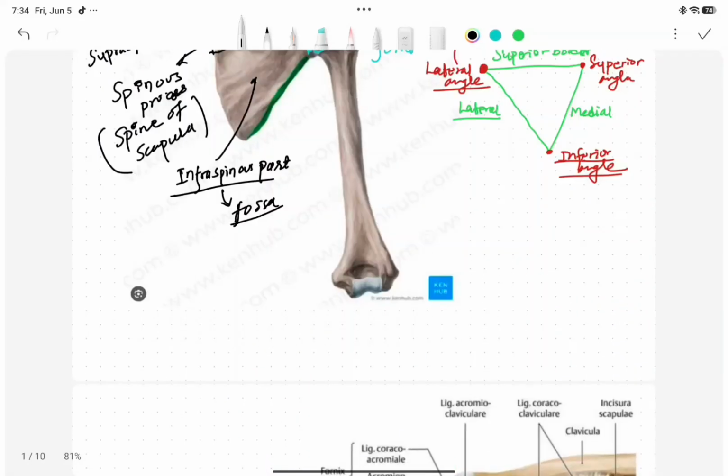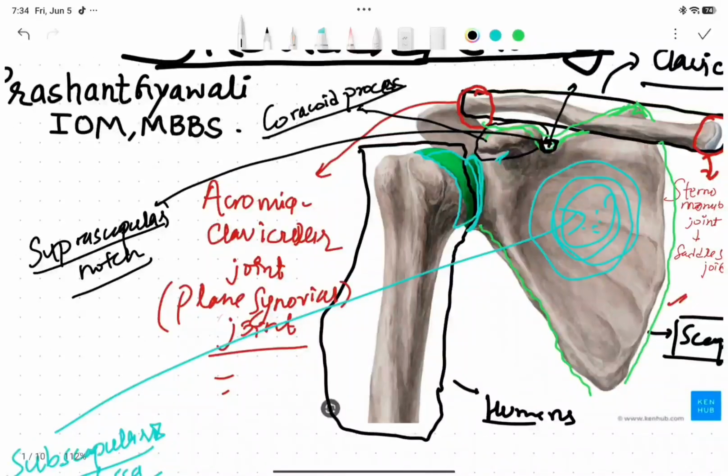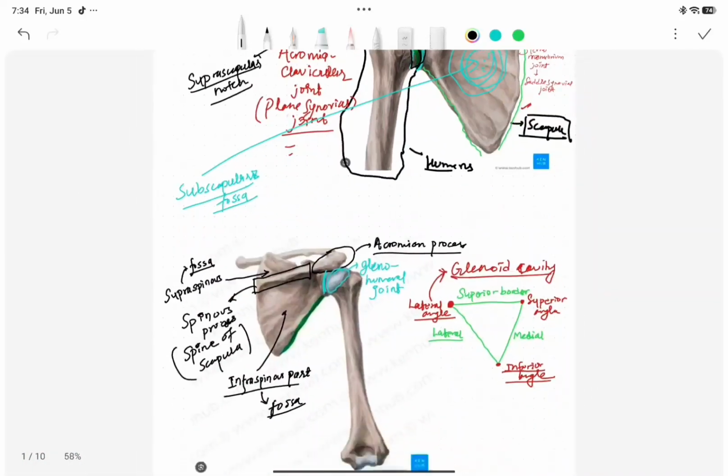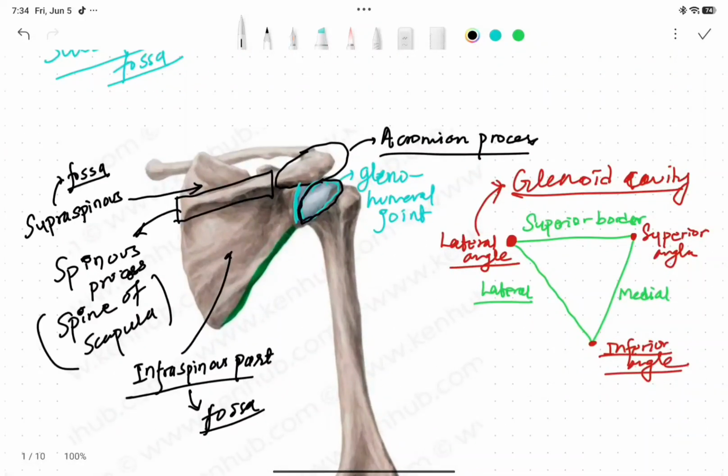Okay, so let's go to the basic anatomy of the humerus. There is the head of the humerus. This head is called the anatomical head because it articulates with the glenoid cavity. And there is something called the surgical neck.